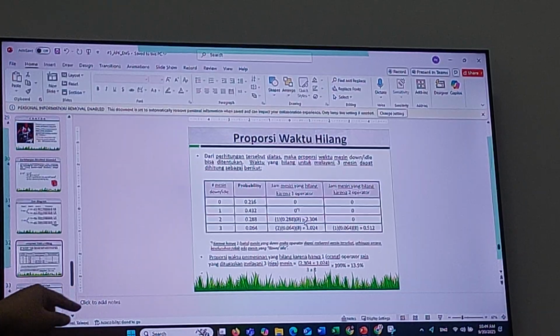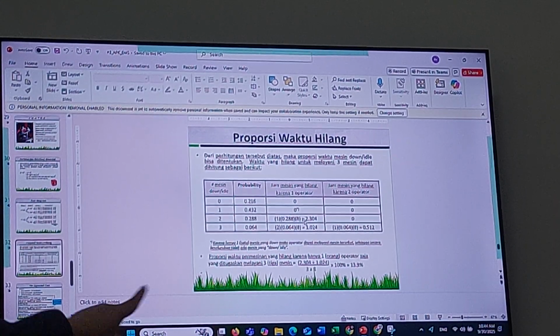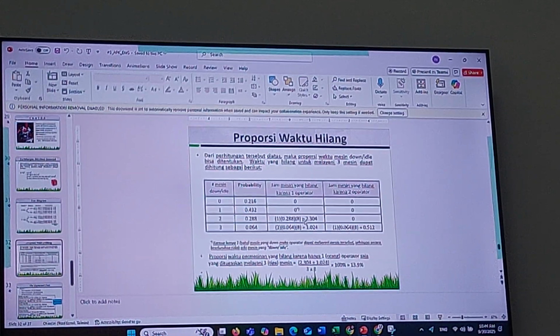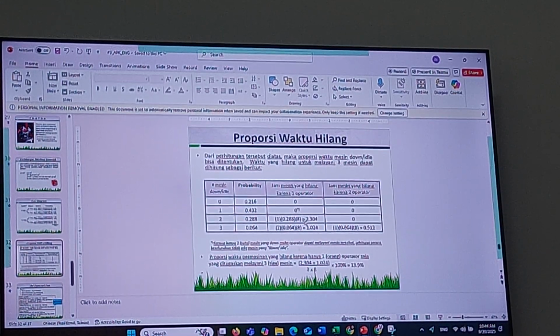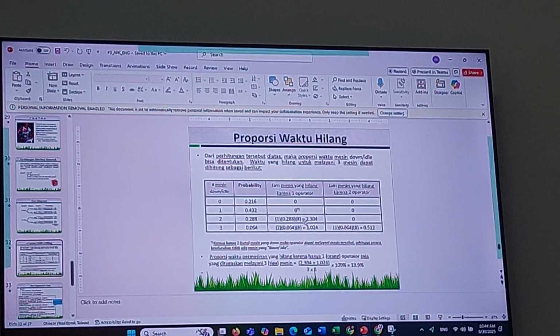And the last, if we have three machines idle and one operator helps, we still have two machines idle. That's why the number of machines is 2, multiplied by 0.064, 0.0864, multiplied by 8.